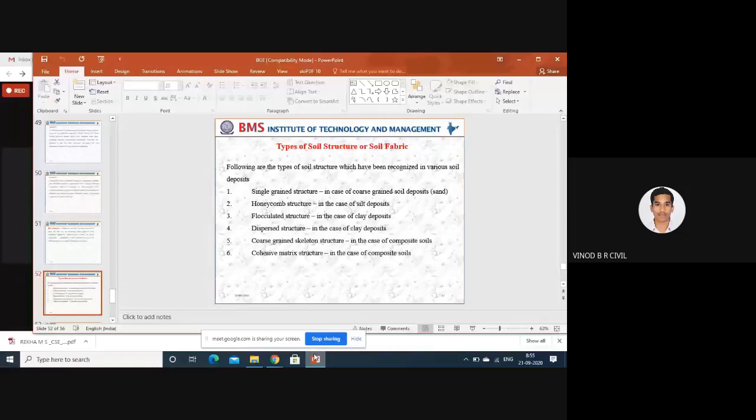There is a good example of composite soils. If you are adding two or three different types of soil to a parent soil, then it is called a composite soil. And a cohesive matrix soil. In the case of composite soil, for example, clay soil and sand soil. In some of the places, especially in Chikmagalur and Kudremukha and those kinds of areas, you can see completely silty or clay type of soil.